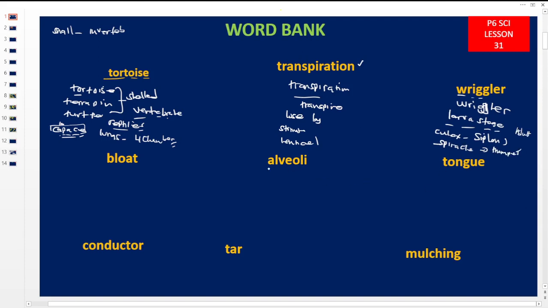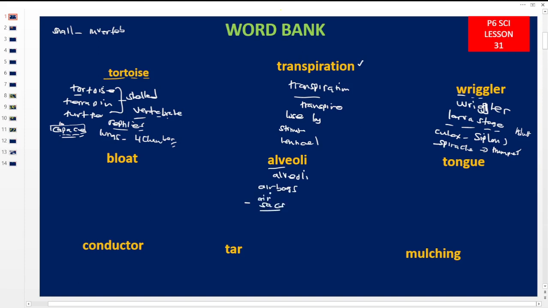Alright, so what is this one? Alveoli. The word is alveoli. Say it, alveoli. So alveoli, these are the air bags. We call them air bags or air sacs.